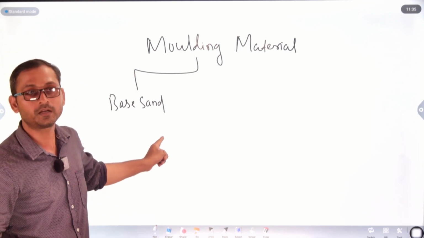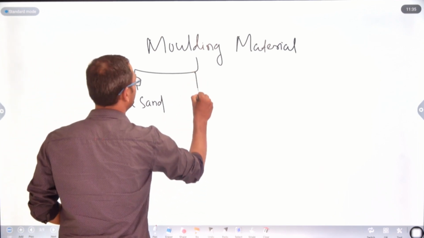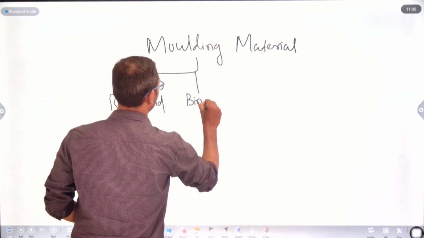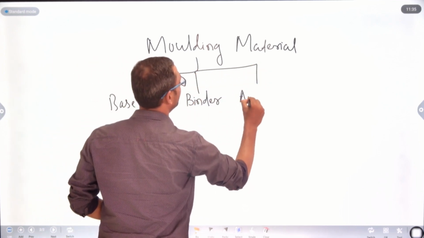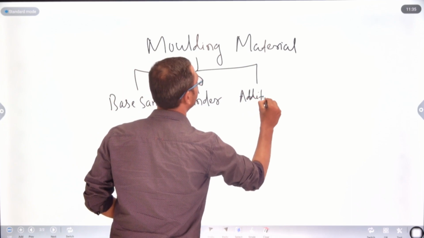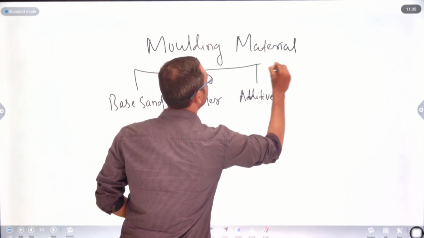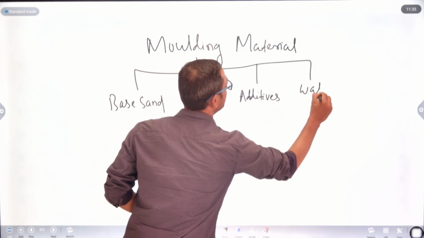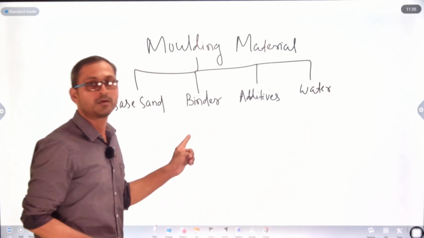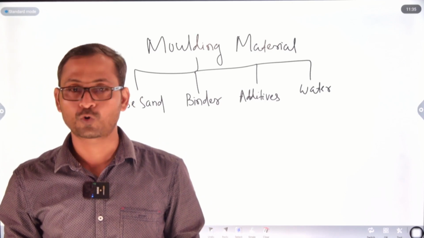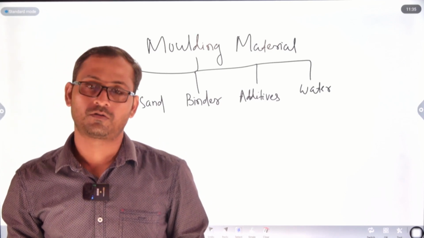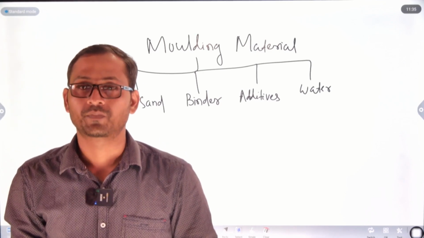After the base sand, we come to the binder. Then we add something called additives to the base sand. Then comes water. This is the basic procedure to prepare a molding sand or a core sand for cores. First we start with the base sand.